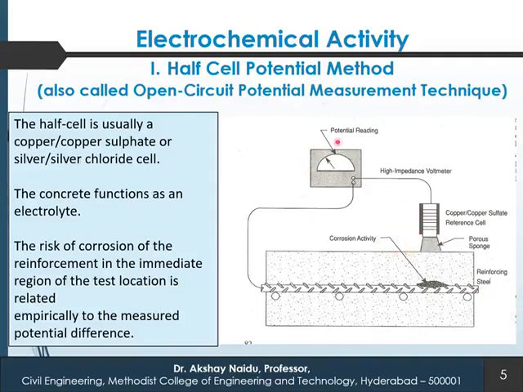to a voltmeter or a potential meter, there are two wires or leads, one connecting to the reinforcement and the other connects to the surface of the concrete with a cell attached. This cell is called the half cell and it is usually of a copper rod and a copper sulfate solution.